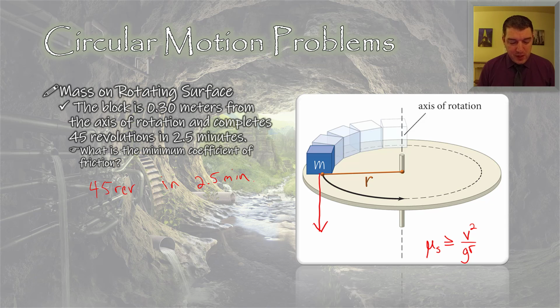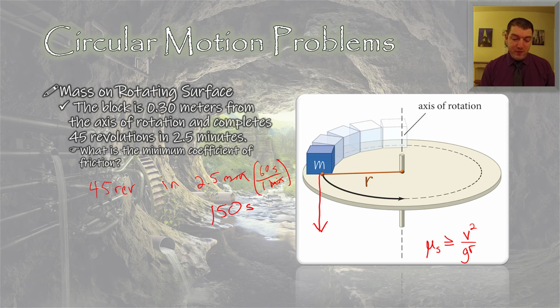The revolutions is okay, because one revolution would be going one circumference. However, the minutes is going to be a problem. So we're going to want to get this from minutes to seconds, knowing that 1 minute is 60 seconds, or 150 seconds.